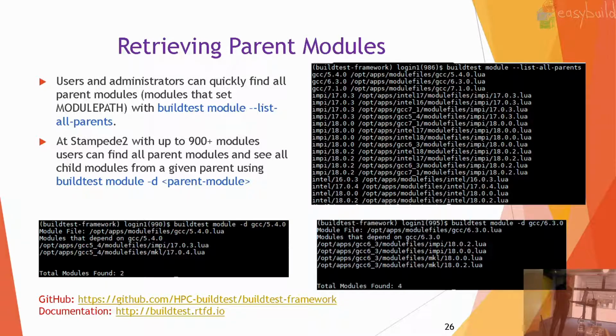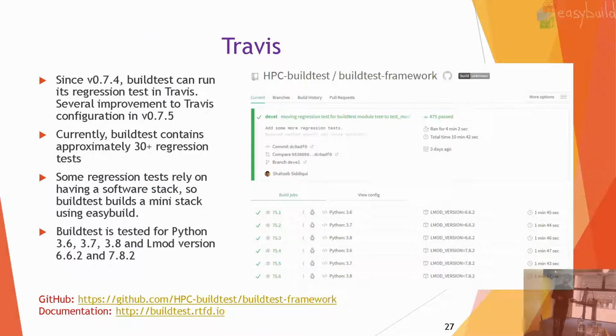And in EasyBuild, it would also work the same way. And this is just showing you with GCC 5.4, we have 2 modules, so IMPI, not MKL, and then GCC 6, we have 4 modules right here. It's just showing you the full path to the module, and that way you can troubleshoot.